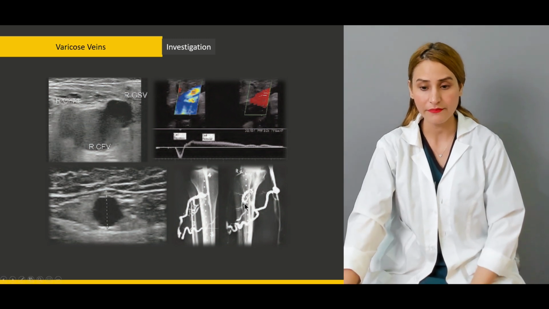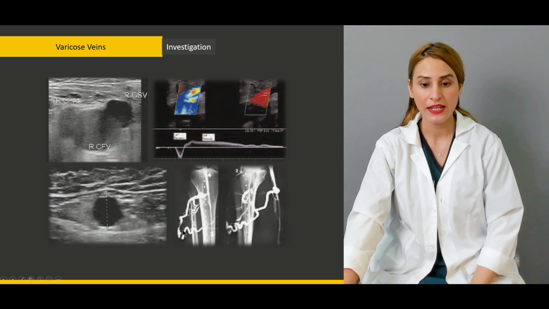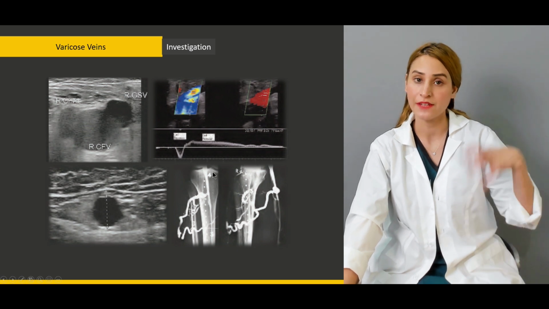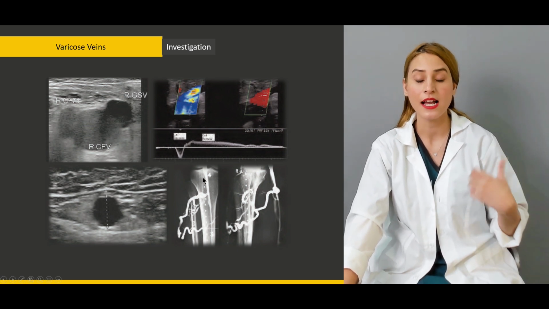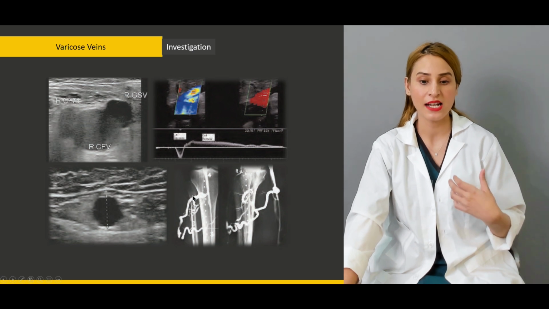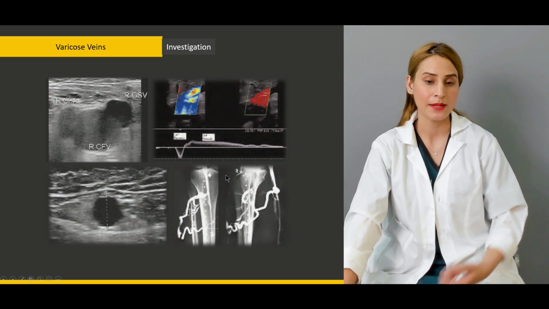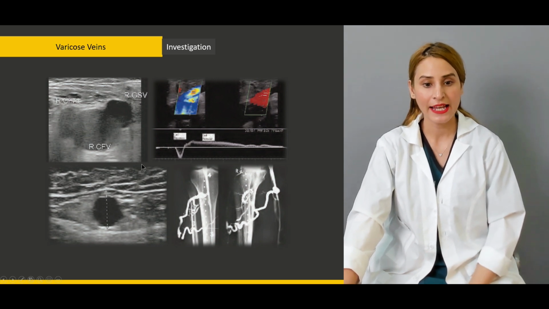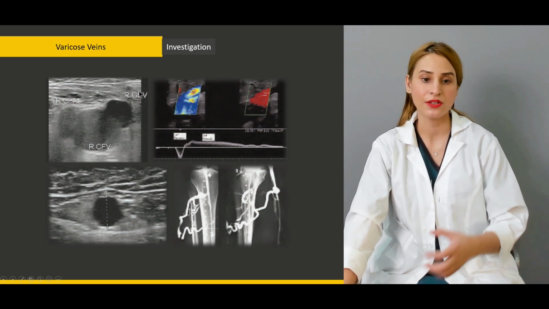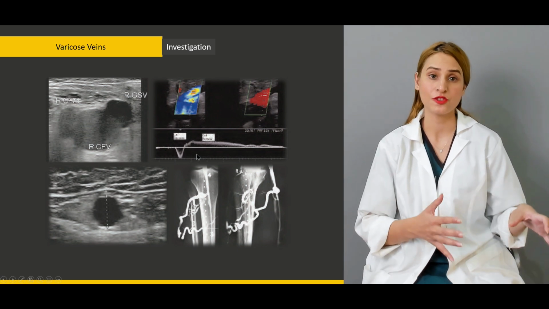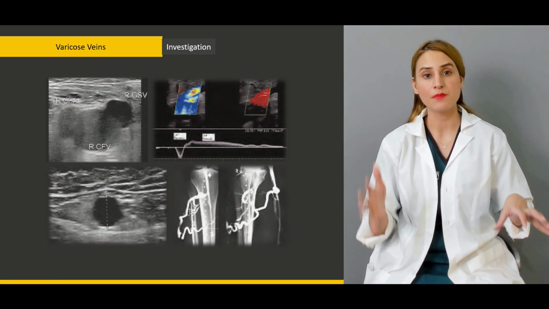You can see in this diagram as well, this is contrast venography. You inject contrast into the veins, and you can then visualize it on the MR. So this is MR venography as well. And you can see the flow in the great saphenous vein, and the flow in the small saphenous vein.